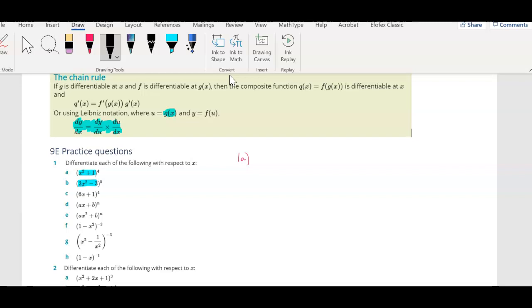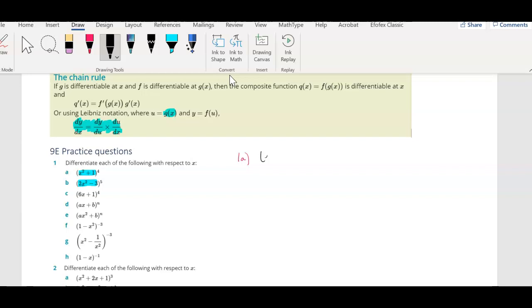Okay, so it's not a quadratic that will probably take less than a minute to do. To the power of 4, you've got this bracket multiplied by itself 4 times. So it's going to take a long time to do. And you don't want to do it like that and then find the derivative of each term. So we use the chain rule.